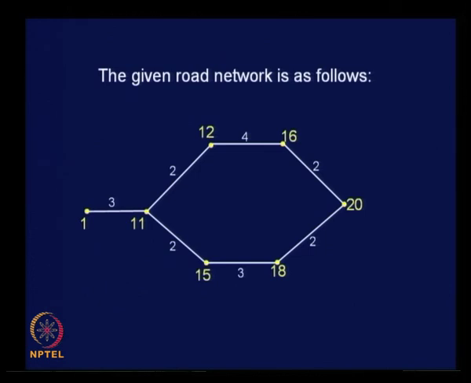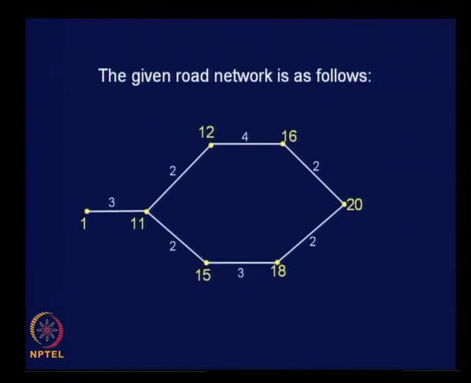The link designations you may recall: 1, 11, 11, 12, 12, 16, 16, 20, then 11, 15, 15, 18 and 18, 20. Our interest is to find out the travel time from 1 to 20 along the 2 alternative routes, and then assign traffic based on the algorithm.